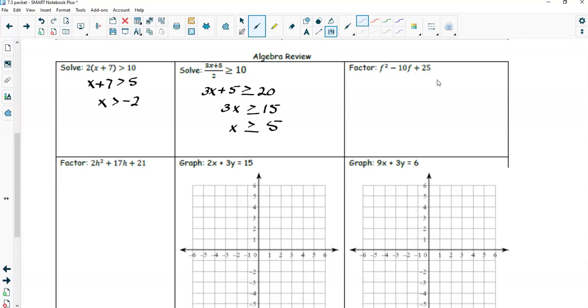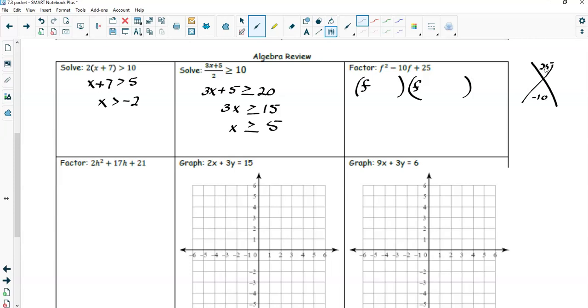The next one says factor. So that's pretty simple. Remember to put the 25 over here and the negative 10 over here. In this case, this number is positive, this number is negative.